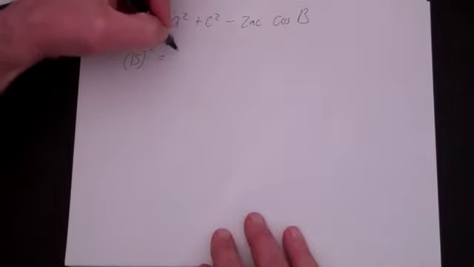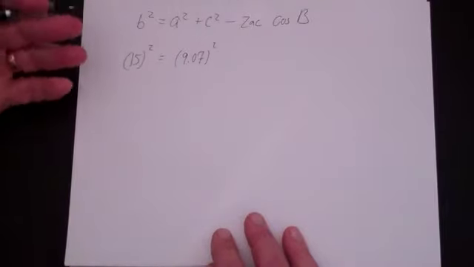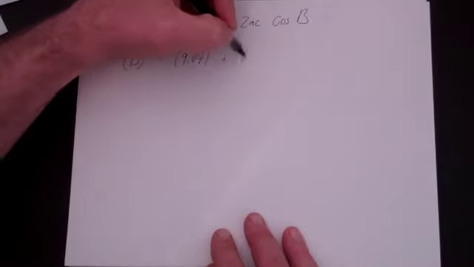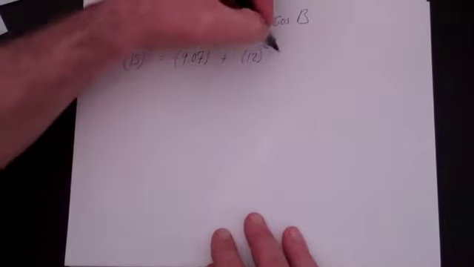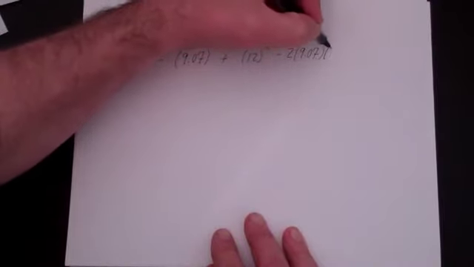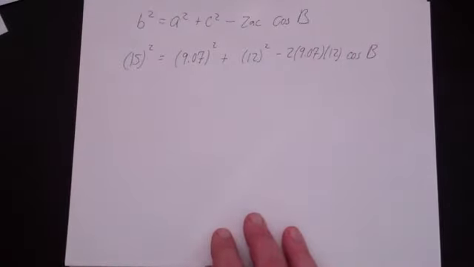You know that A is 9.07 from the previous step. You know that C is 12. That's given. Minus 2 times 9.07 times 12 cosine B. And this is what you don't know right here, so that's what you're going to have to isolate.